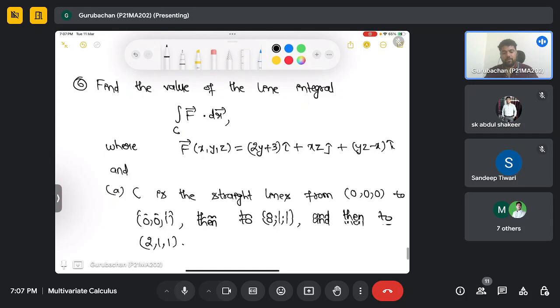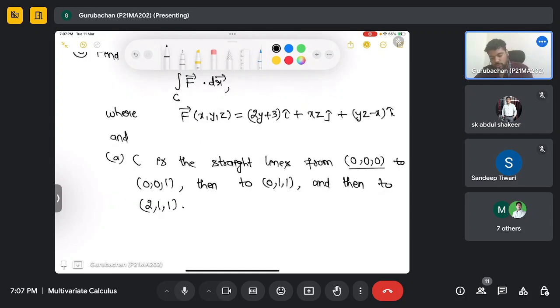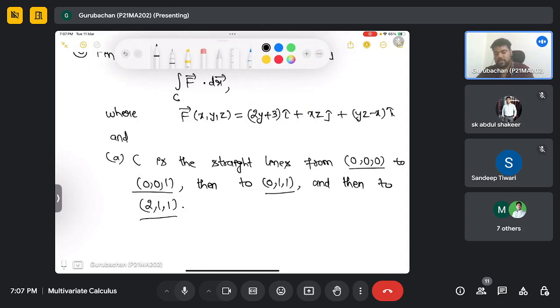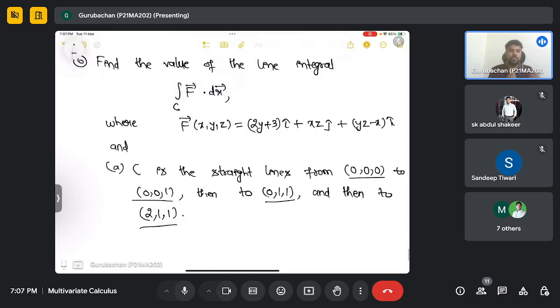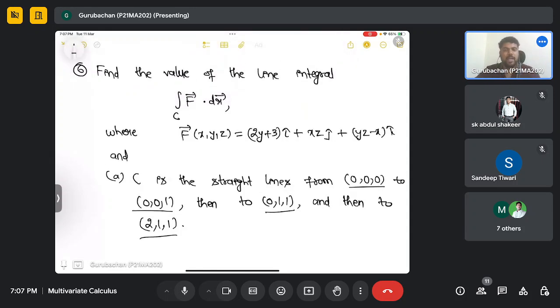So we are traveling first from 0 0 0 to 0 0 1, then 0 1 1, then to 2 1 1. So we have three straight lines. This curve is divided into three curves, that is C1, C2, C3, and we have to calculate this whole value of the integral. Try this one.